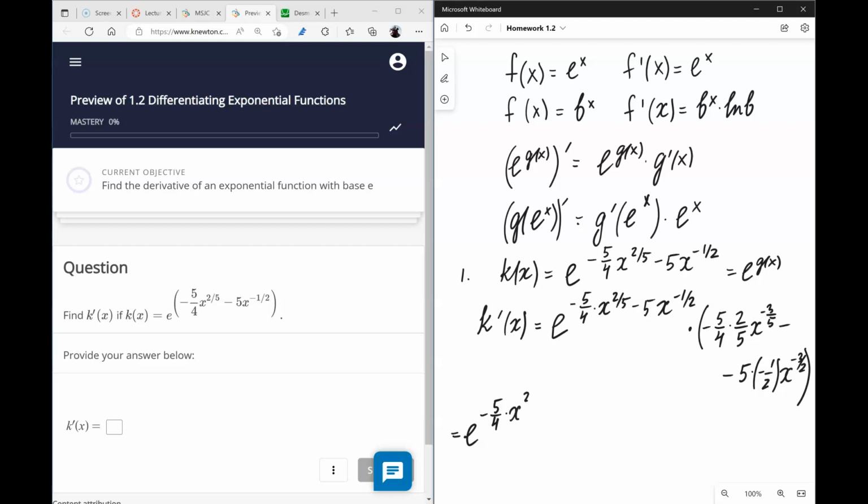So remember, all of this is in the exponent, and the derivative of the function is at the same level as e. So we have here negative 1/2 x to the power negative 3/2, plus 5/2 x to the power negative 3/2. And that's the answer.